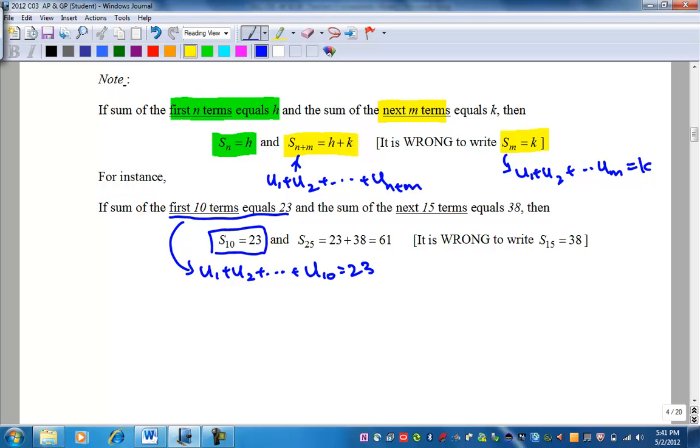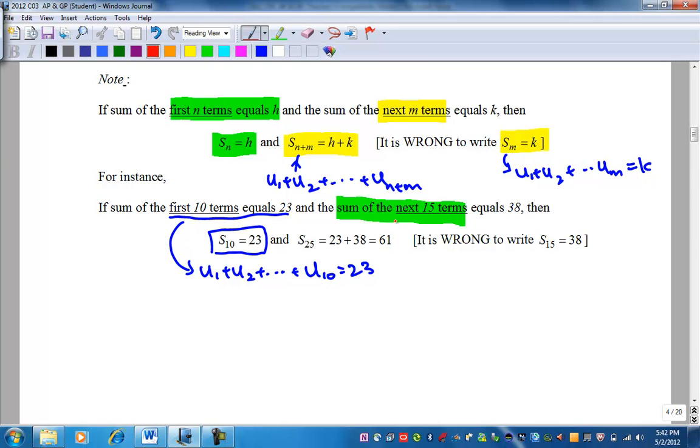We are also told that the sum of the next 15 terms equals 38. What does sum of the next 15 terms mean?